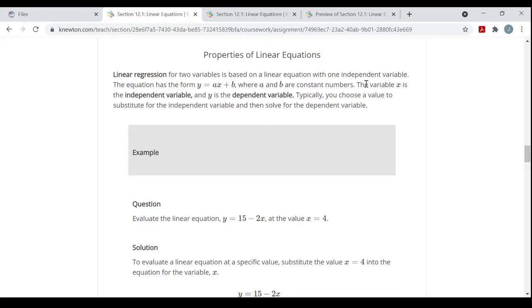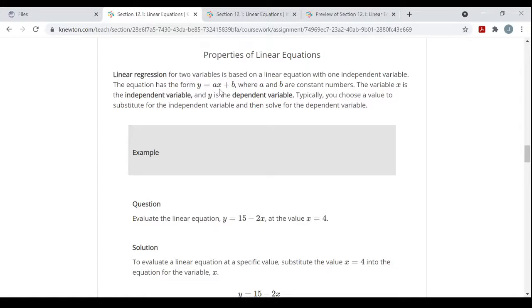where a and b are constant numbers. In this equation, the variable x is the independent variable, the variable I can choose a value for. And then once I choose a value for x, y is determined. You can't just choose a separate number for y.